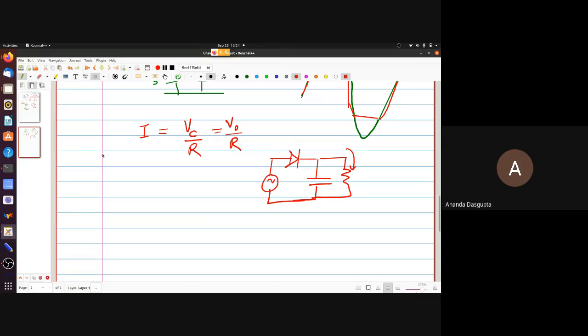So just forget about the diode for the time being. If you just had a charged up capacitor and you had connected a resistance across that, the output would look like this. Why does it look like this? It looks like this because initially when the voltage is large, there's a large current through the resistance, so the capacitor loses charge rather rapidly, and as the capacitor loses charge, its potential decreases, the current goes down, and hence the rate at which it loses charge also goes down.